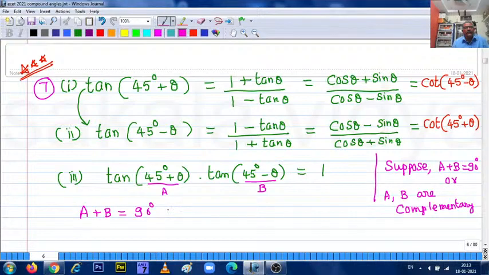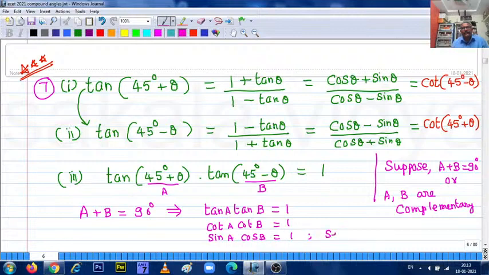So if a plus b is equal to 90 degrees, you get a wonderful formula. You remember, Nana, all of you: tan a into tan b equals 1. Even cot a into cot b is also 1. Even sin a into cos b is also 1.